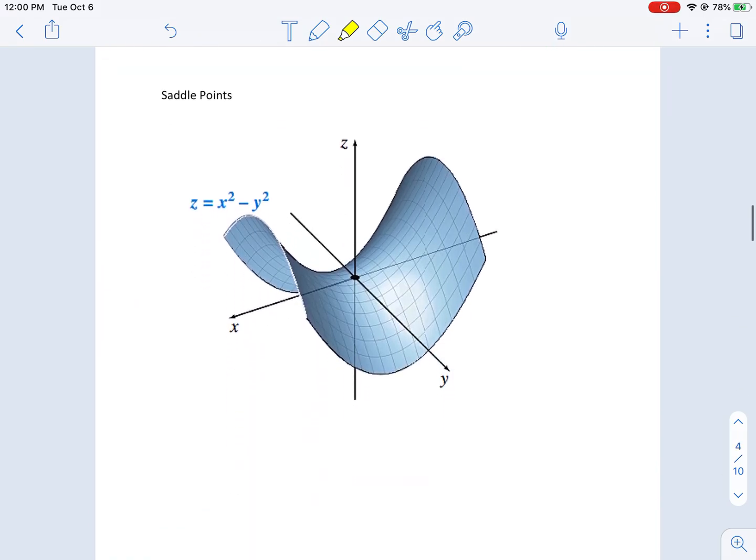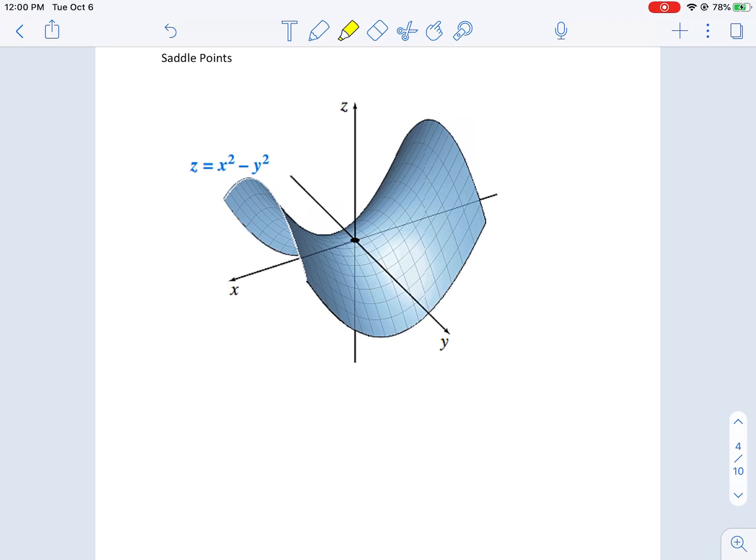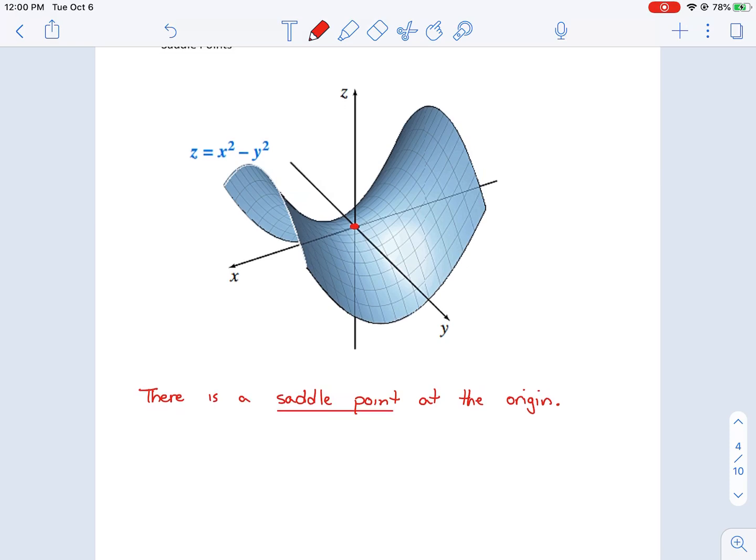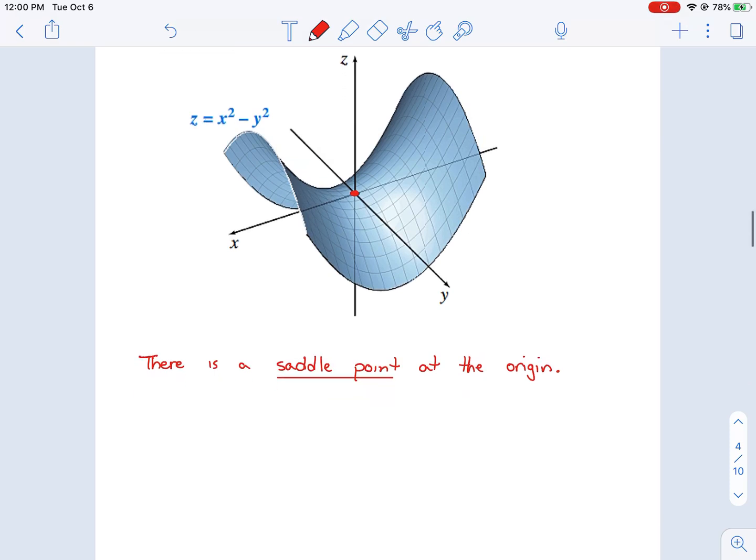And here's what I mean. We will take a look at this example here. And I'm going to put a red dot at the origin. So there's what's called a saddle point at the origin. And what does it mean for there to be a saddle point at the origin?